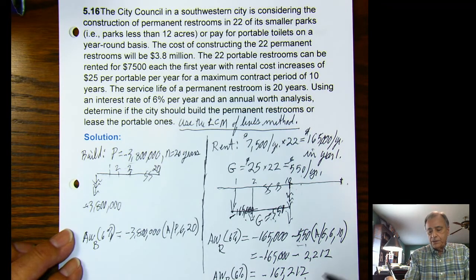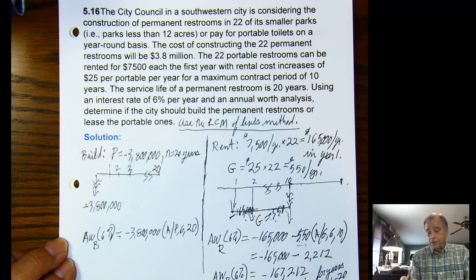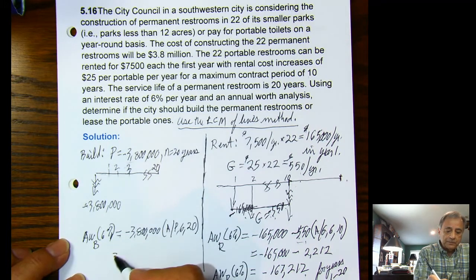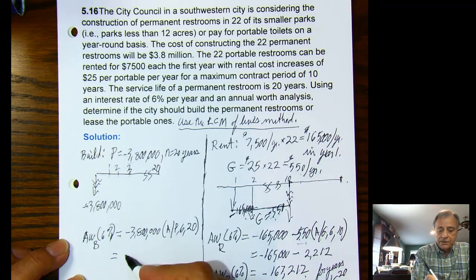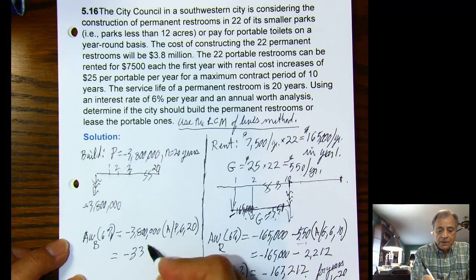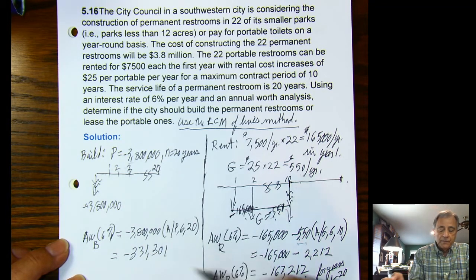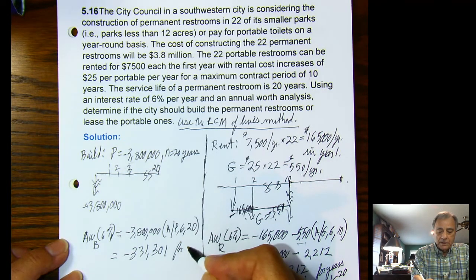it's for 20 years. So this is for years 1 through 20, because this is the first cycle cost, and the first cycle cost equals the second cycle cost, and that's what we assume, and so that's it. Now this number here, when I compute that out, this is going to be for 20 years, and this is minus $331,301, and so this is going to be dollars per year for years 1 through 20.